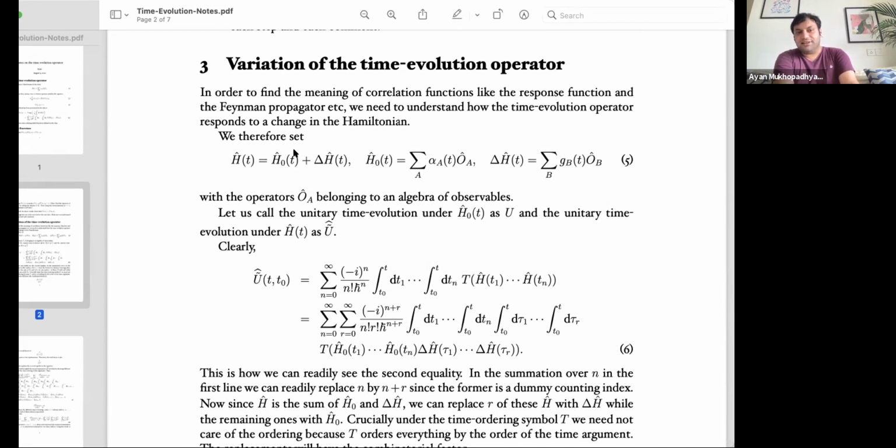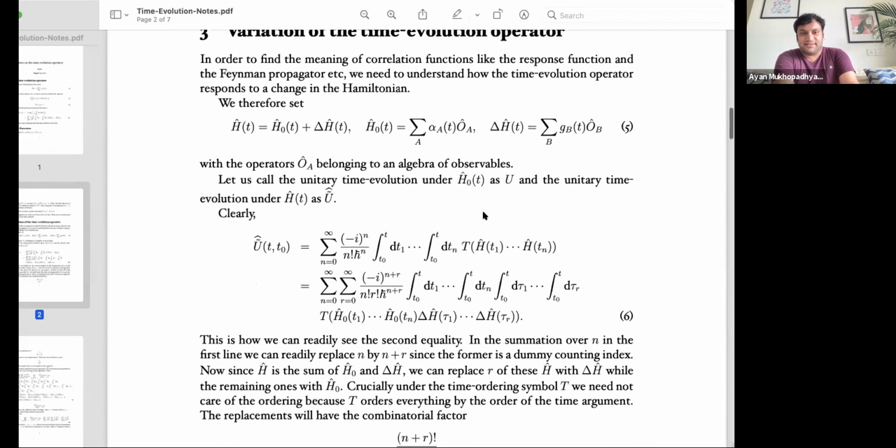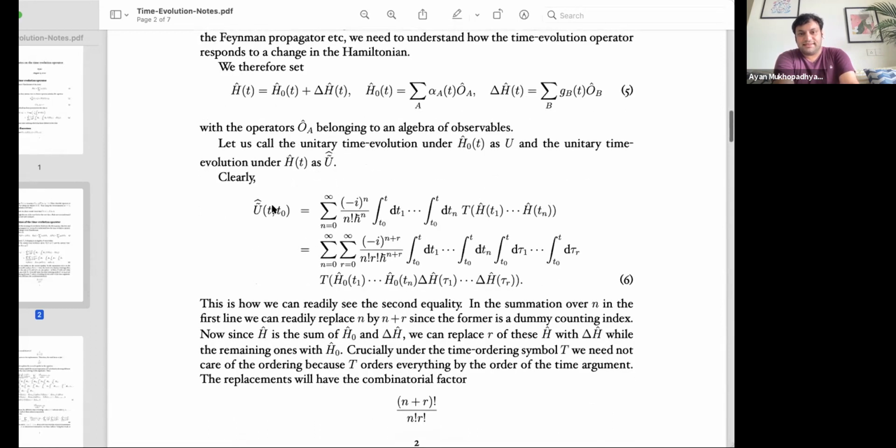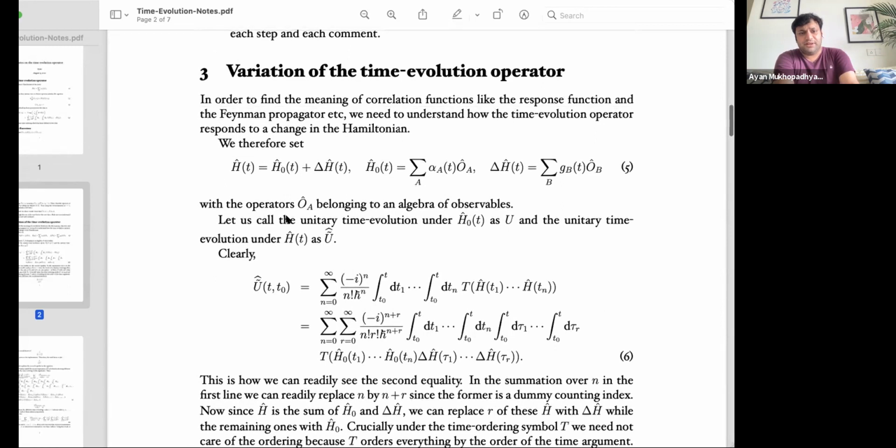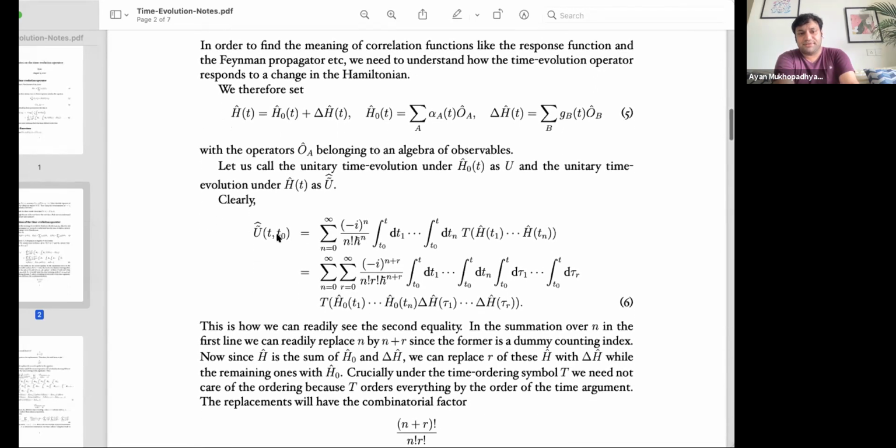H naught is arbitrary, not necessarily the free Hamiltonian. It can be whatever you like, and H of t is also whatever you like, and they differ by some extra delta H. What we are doing here is to rewrite this Hamiltonian in terms of the other one.